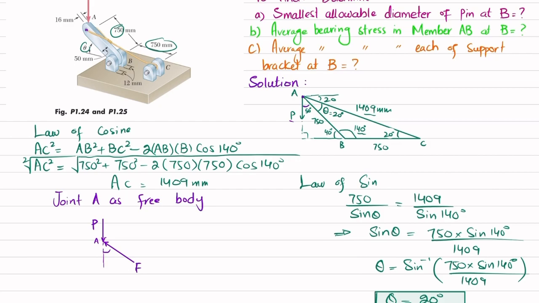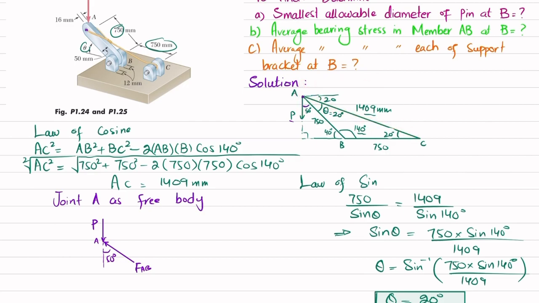This is the force AB, and this is point A. Clear. So the angle between P and AC is 90 plus 20, which is equal to 110 degree.